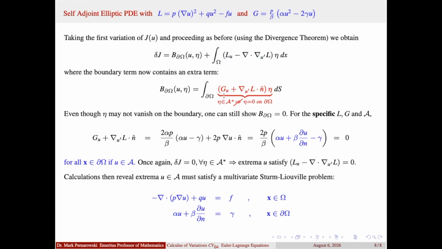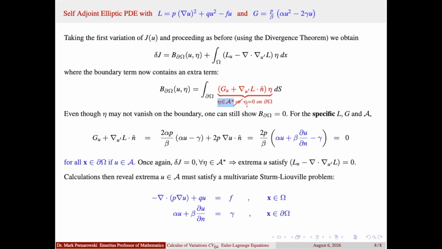But I have a bit of an issue, because if eta is in the admissible variation set, that does not mean that eta vanishes on the boundary. It's not eta equals 0 on the boundary. It's alpha eta plus beta times the normal derivative of eta vanishes.